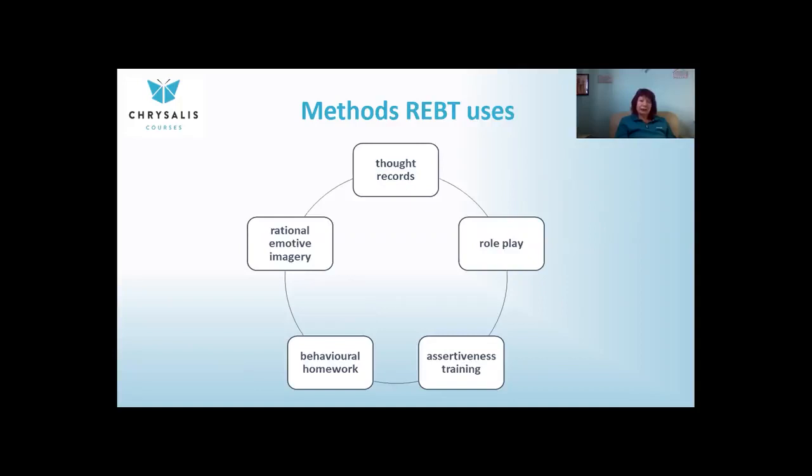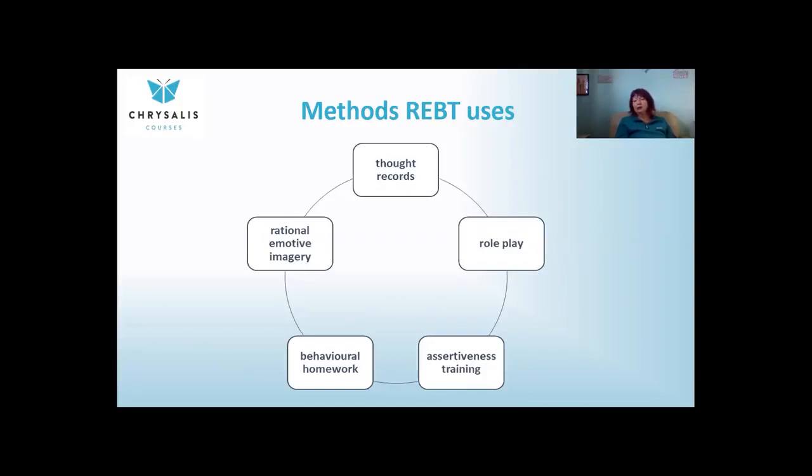Now, generally, CBT and REBT nowadays are put under the banner of CBT. And it's really best used for people with identifiable issues, and it works in a solution-led way. So it's not seen as so good for people with very general unhappiness about life, dissatisfaction.